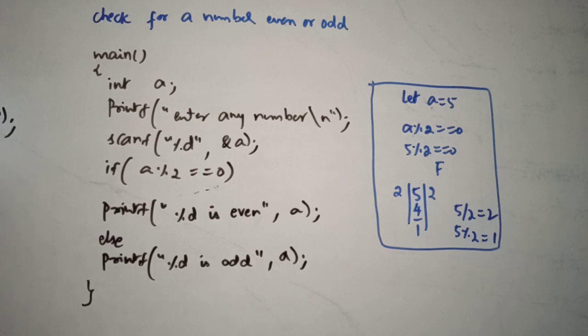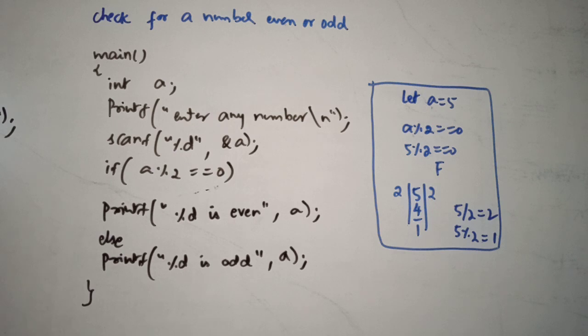If a mod 2 is equal to 0, modulus, mod. So what does this mean? a divided by 2, if the remainder is 0, it is an even number, otherwise an odd number. Look at a simple example over there. 5 divided by 2, the remainder is 1.